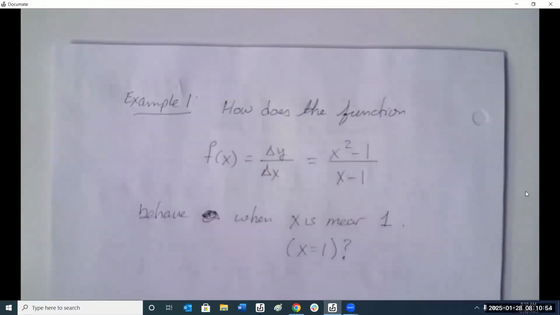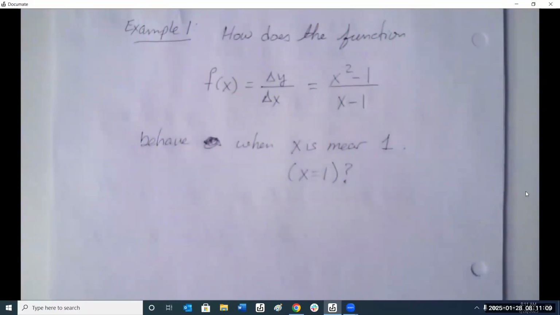Okay, so what happens to the function if x equals 1? Or what happens as it gets near 1? Anybody have an idea? Any guesses?